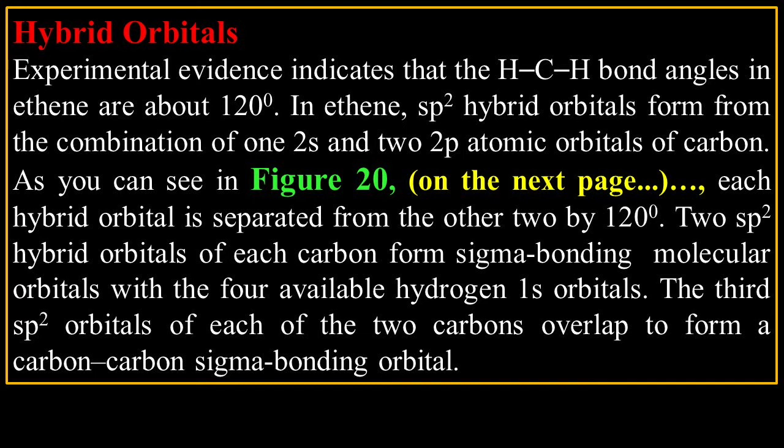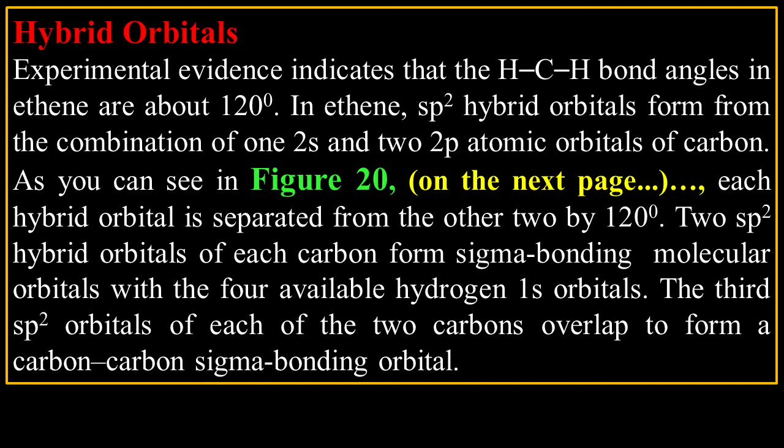In ethene, sp2 hybrid orbitals form from the combination of one 2s and two 2p atomic orbitals of carbon, as you can see in figure 20 on the next page. Each hybrid orbital is separated from the other two by 120 degrees.